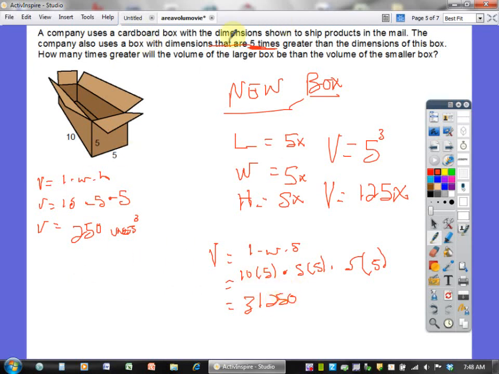To find the change in volume, to see that this 125 is the correct answer, we would take 31,250, which is the volume of the new box, divided by 250, which is the volume of the old box, and see that it is in fact 125 times larger.